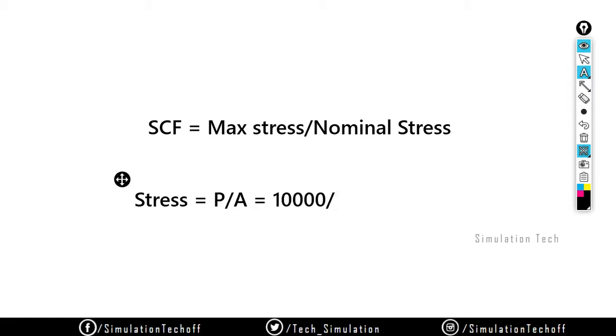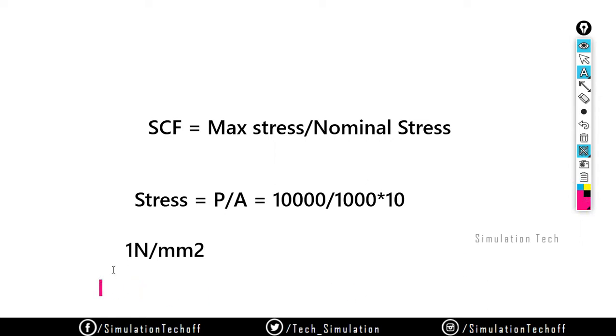It's divided by area, 1000 into 10. So if you substitute that value, you will get a value of 1 Newton per mm square.